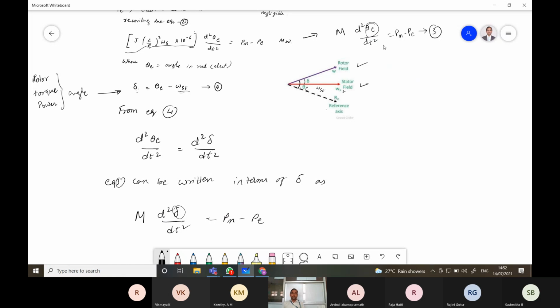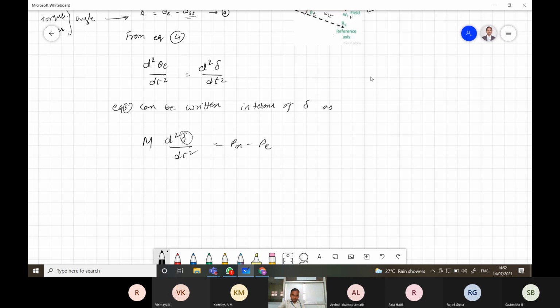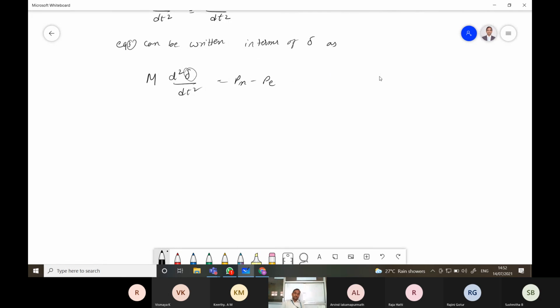Now we have M is equal to GH by pi f. We got this equation from the previous derivation.